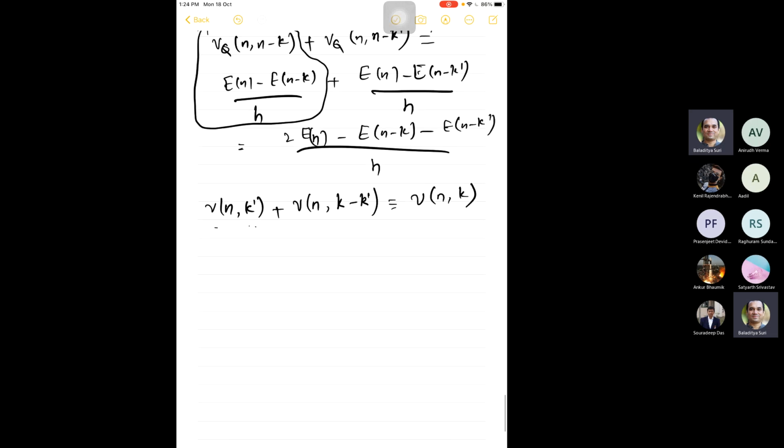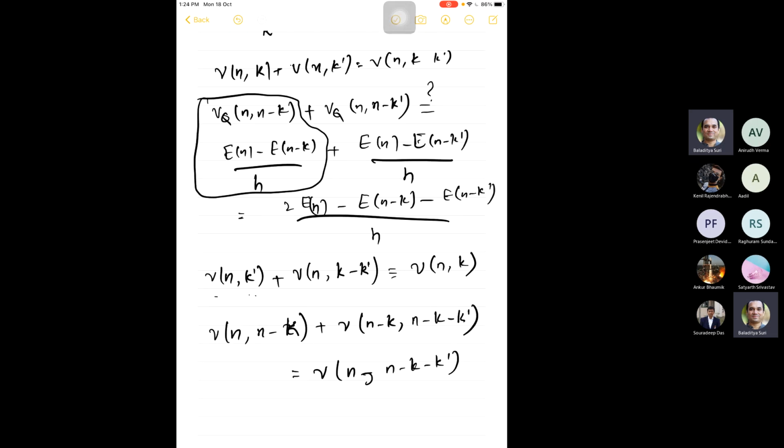But in the quantum theoretic expression, ν(n to n-k) plus ν(n-k to n-k') will give us ν(n to n-k'). This can be easily verified.